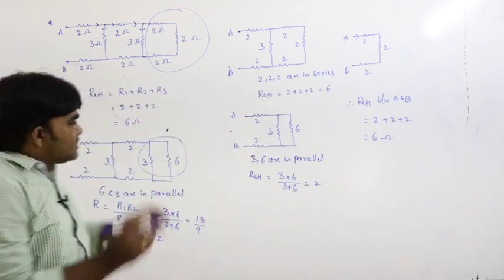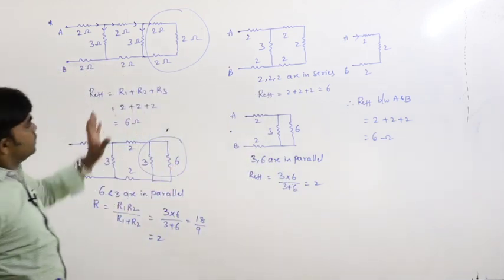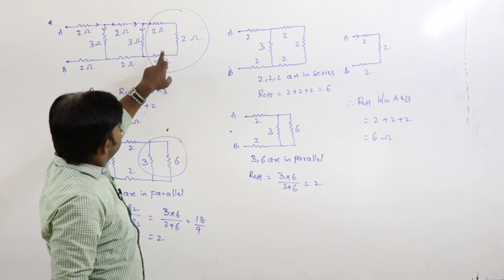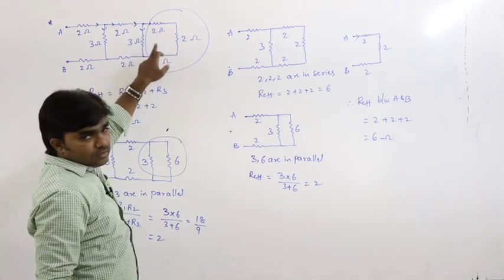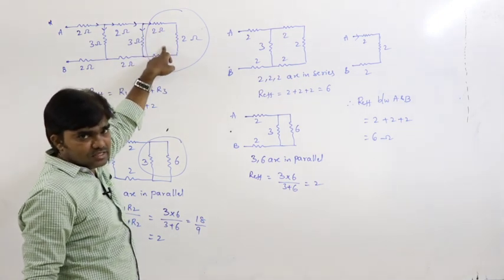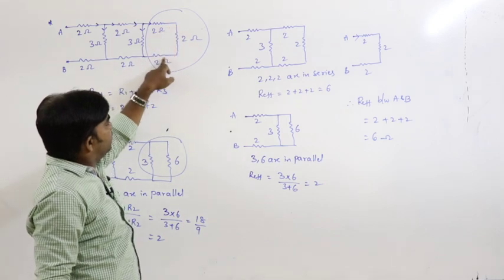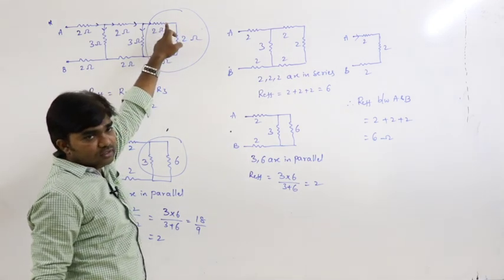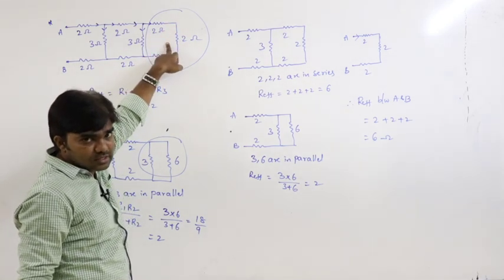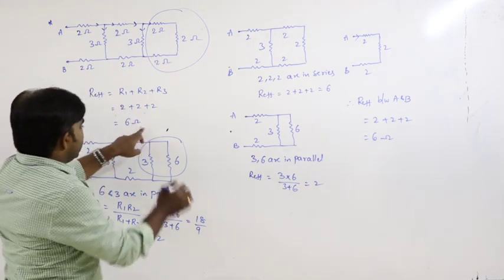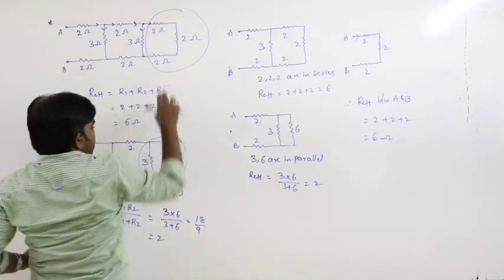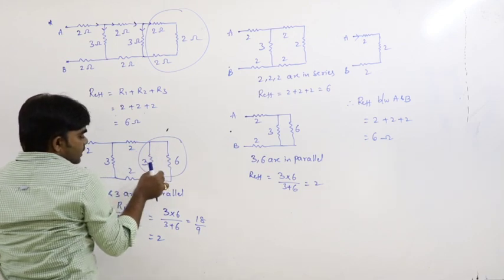This is the solution. Step by step we can reduce the circuit. So here first these 3 2's are in series, because there is no division of current here. These 3 2's are replaced by 6. 3 and 6 are in parallel.